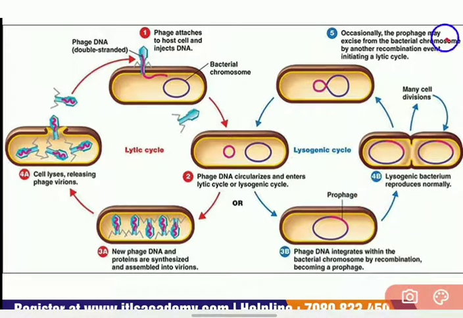Occasionally the prophage may excise from the bacterial chromosome by another recombination event, initiating a lytic cycle. At this point, it can also go into the lytic cycle.